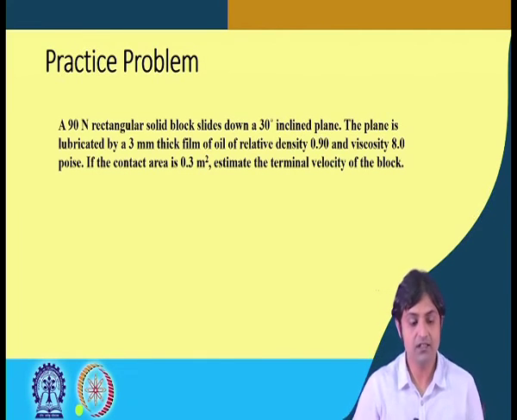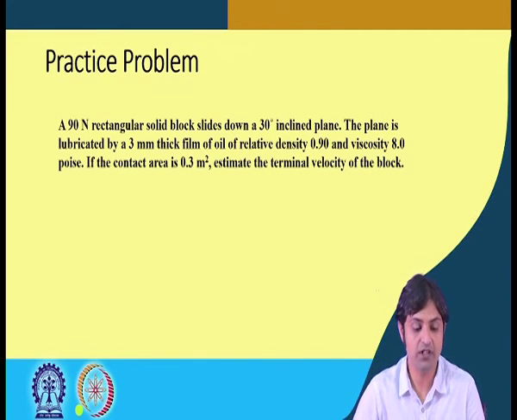What it says is a 90 Newton rectangular solid block slides down a 30-degree inclined plane. The plane is lubricated by a 30 millimeter thick film of oil of relative density 0.9 and viscosity 8.0 poise. If the contact area is 0.3 meters square, estimate the terminal velocity of the block.